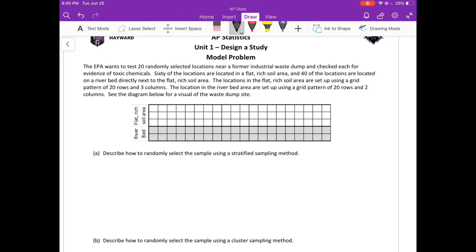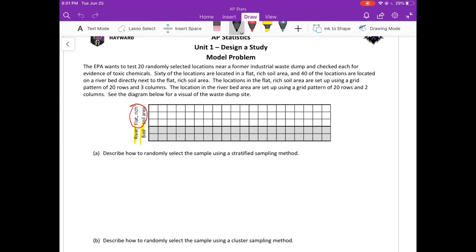The locations in the flat, rich soil area are set up using a grid pattern of 20 rows and 3 columns, and the locations in the riverbed area are set up using a grid pattern of 20 rows and 2 columns. See the diagram below for the visual of the waste dump. So here we have our flat, rich soil area, and this is our riverbed right here.